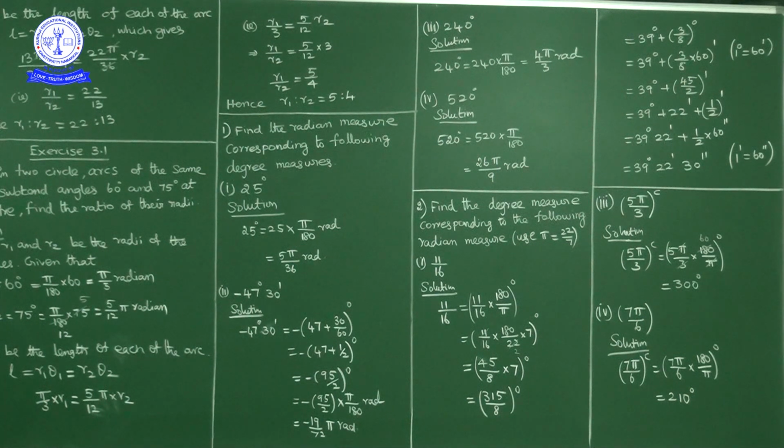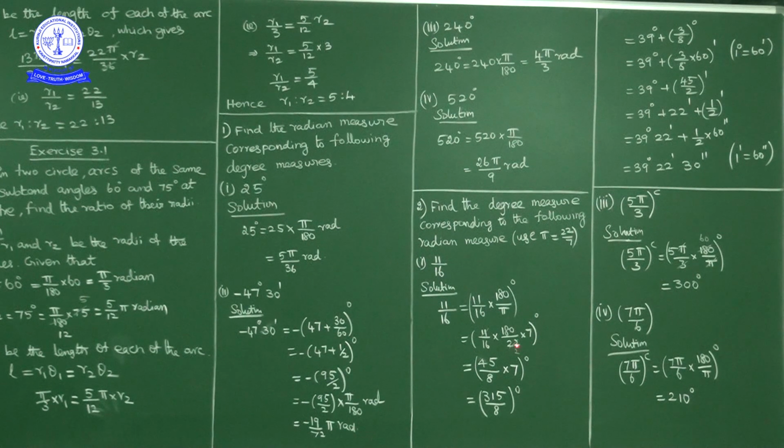So in the second one, the first question is 11 by 16 radians. 1 radian is equal to 180 by pi degrees, so 11 by 16 radians is 11 by 16 into 180 by pi degrees. Pi we have to use as 22 upon 7, so 7 comes to the numerator. Now 11 ones, 11 twos.